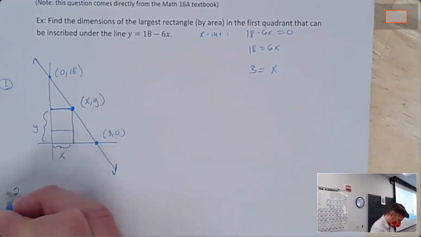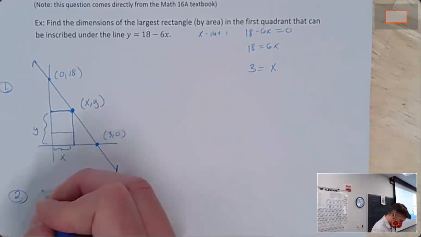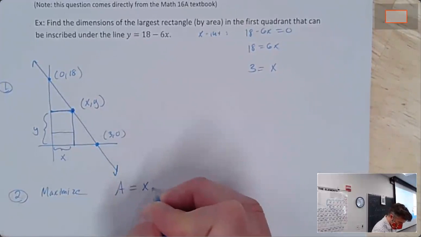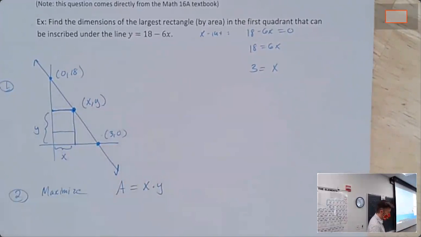Second step, what am I trying to maximize? Right. So maximize area, and area is equal to x times y. So now we need a constraint.